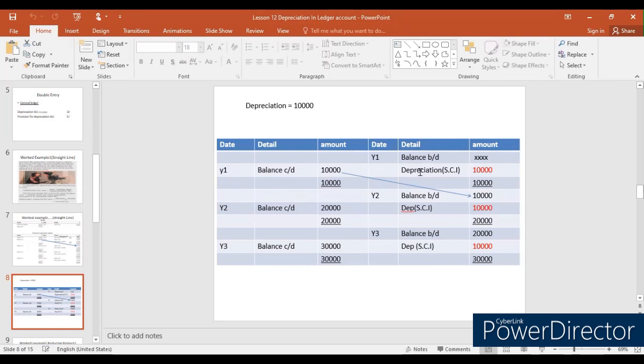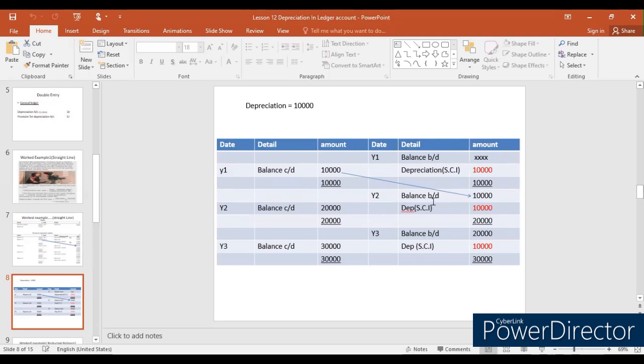The other account name is depreciation in the statement of comprehensive income. Then you balance off. Total will be 10,000 and 10,000. Then there will be a balance known as balance carried down, 10,000 in year 1. You bring that balance to year 2 as balance brought down 10,000. So year 1 recording is completed.